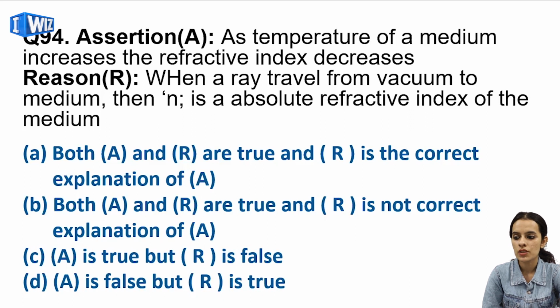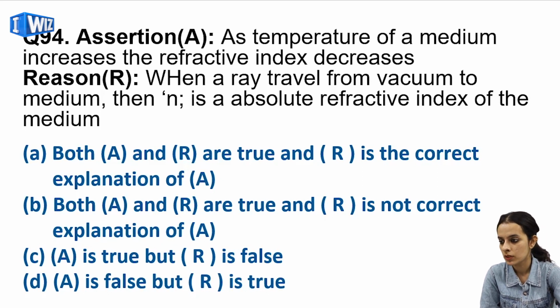Next question. Assertion: as the temperature of a medium increases, the refractive index decreases. The more the temperature, the less the refractive index. Next, reason: when a ray travels from vacuum to a medium, then n is the absolute refractive index of the medium.